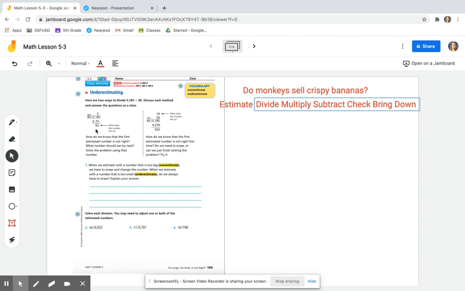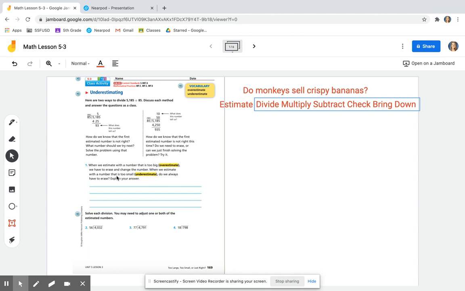And in this case, 93 was larger than 85, so that meant that we could form one more group of 85, meaning that we needed to increase this 5 in our quotient to a 6 to form one more group of 85. And then number 1 asks or says when we estimate a number that is too big, we overestimate, meaning we have to erase and change the number.